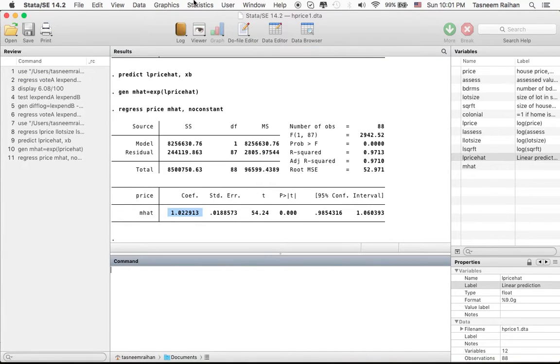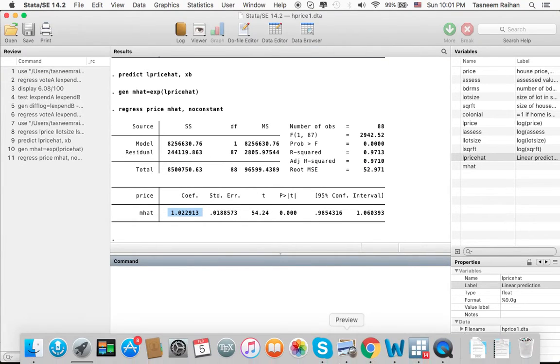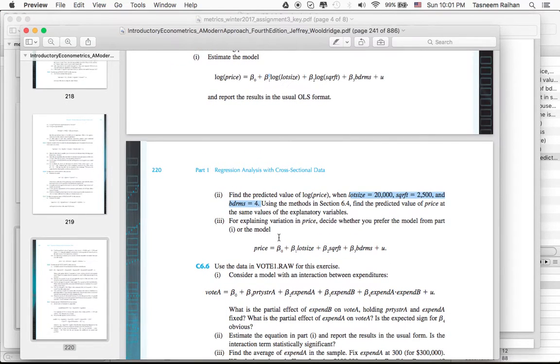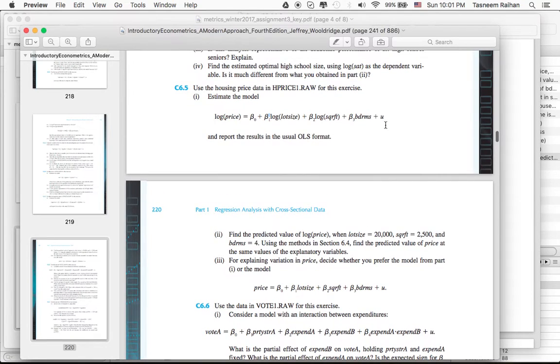Let's move on to the next question now. The next question says, for explaining variation in price, decide whether you prefer the model from part 1 or the model price equals beta naught plus beta 1 lot size plus beta 2 square feet plus beta 3 bedrooms plus u. So what's the difference between this and the first model and the second model?